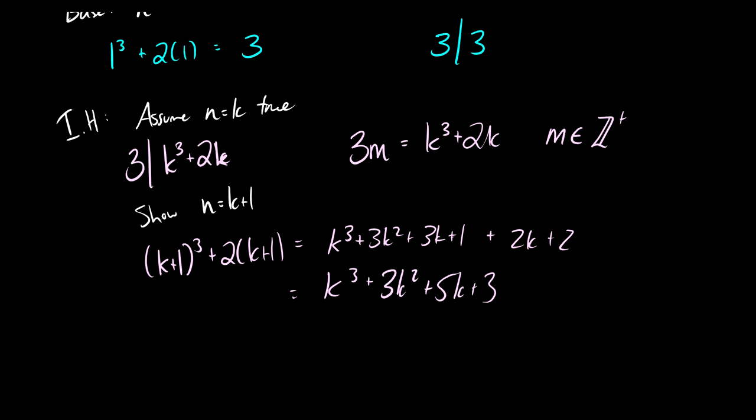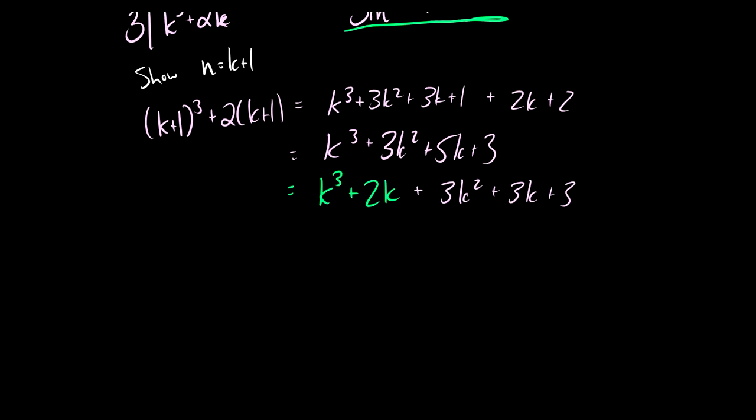But what do we know? We made the assumption that 3 times some number is equal to k cubed plus 2k. So let's pull out a k cubed plus 2k. And then we have our remaining bits. So this will be 3k squared plus, well, we took 2k from 5k, so we're left with 3k. And then we're left with 3.